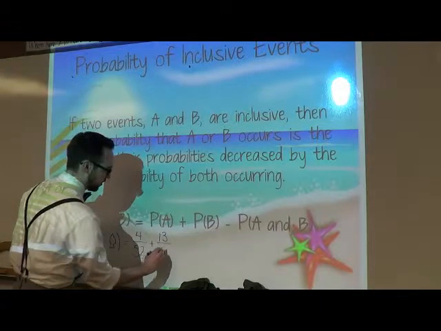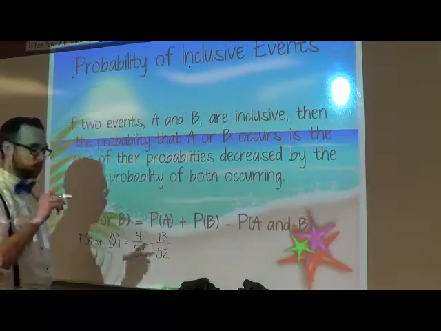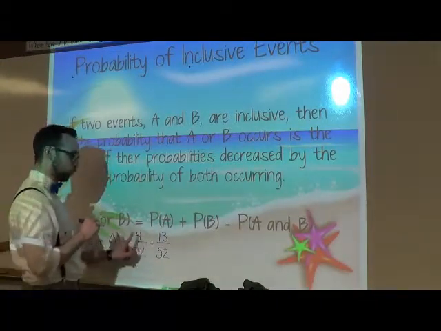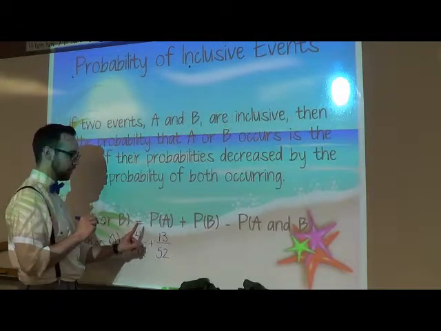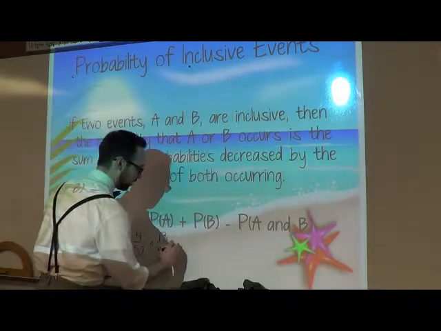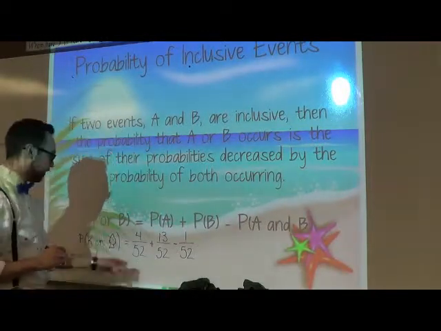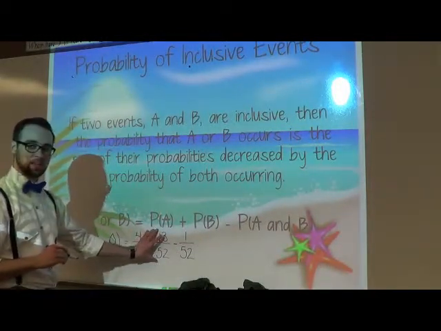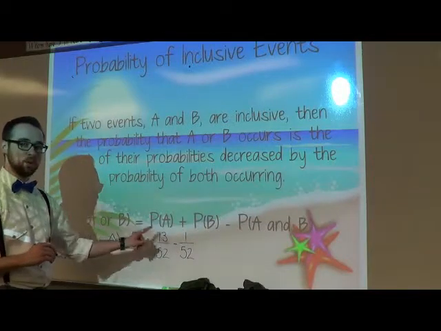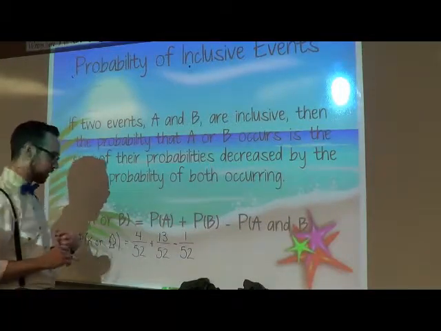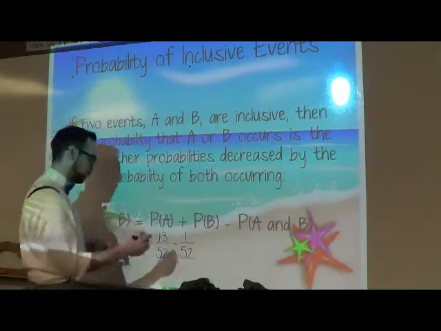Now I don't have to do combinations or anything because we're just choosing one card. However, there is one card that overlaps, that is both a king and a spade. So I'm going to subtract away 1 out of 52. Because you have 4 kings, 13 spades, but there's one card that's in both of those categories. So I have to subtract that away so you get rid of the overlap.